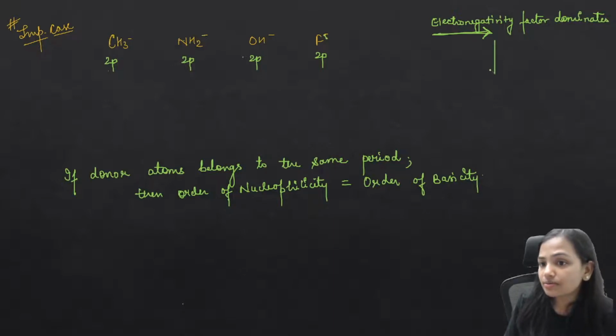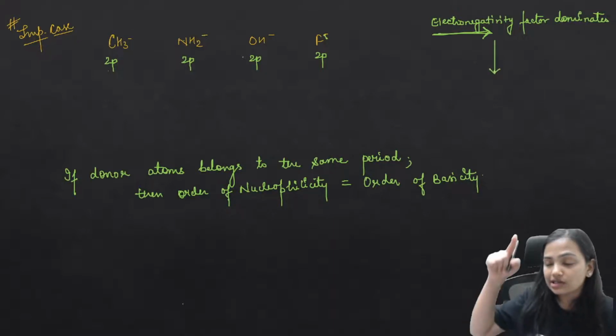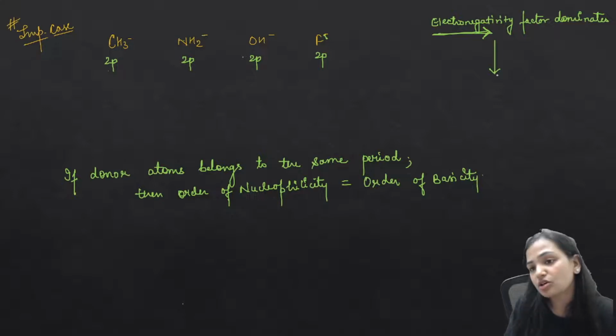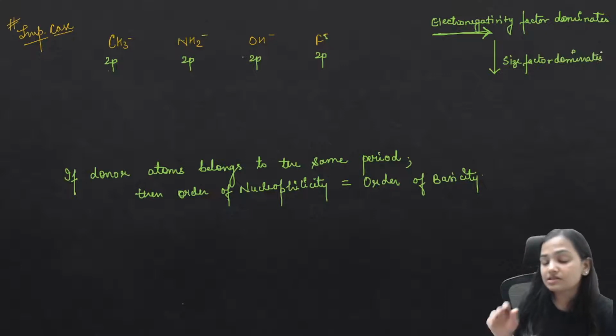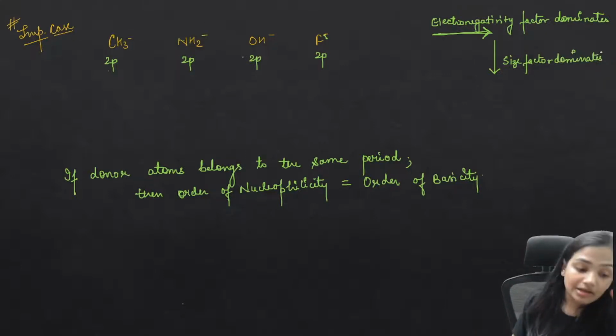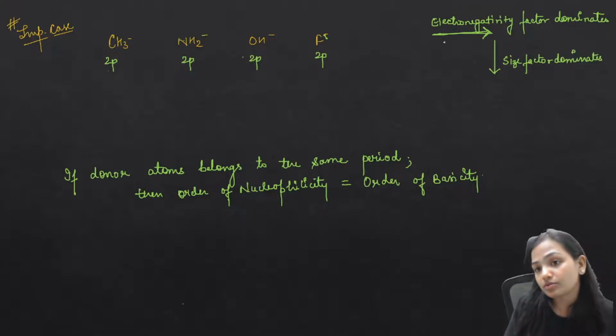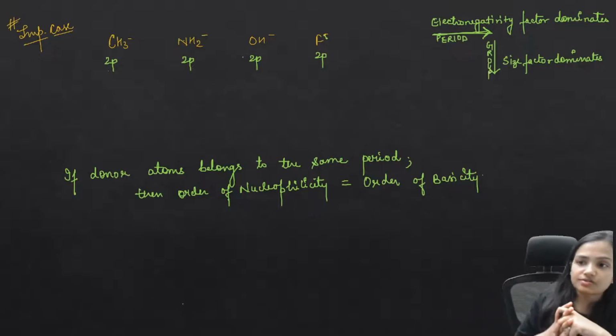But as we talk about top to bottom, along the group, which factor dominates? Along the group, the size factor dominates. So please keep in mind whether this happens along the period or along the group. Okay, this is what you need to know.